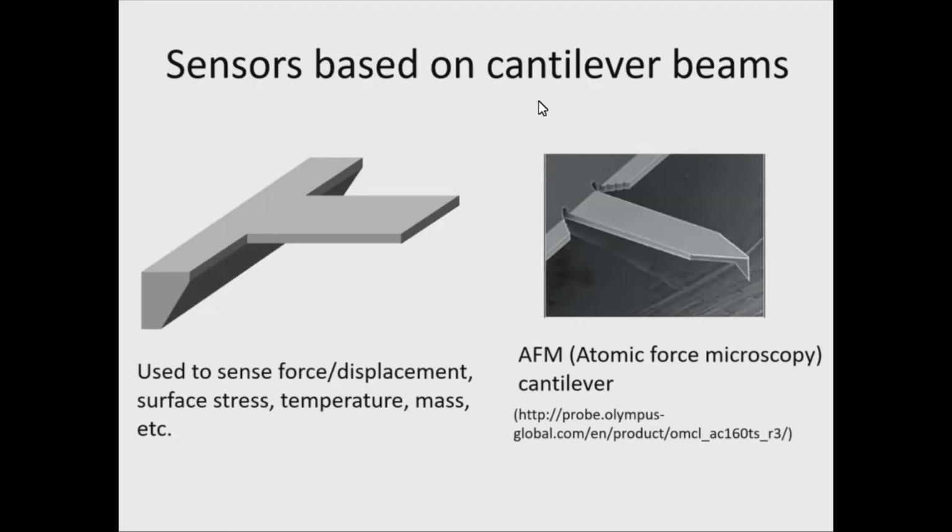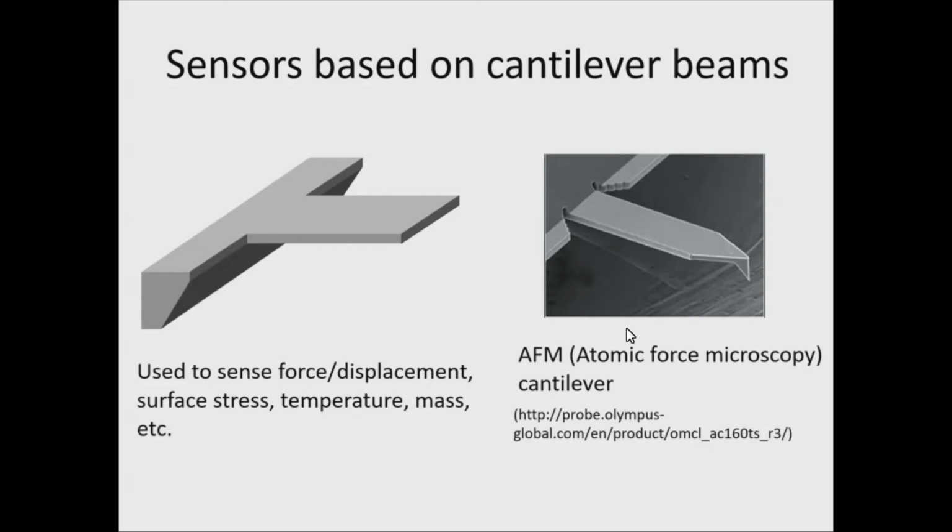Sensors based on cantilever beams. Please note that a cantilever is a very simple mechanical structure and it can be readily manufactured using micro or nano fabrication technologies. Many sensors can be developed based on cantilever beams. It can be used to sense force, displacement, surface stress, temperature, mass, and so on.